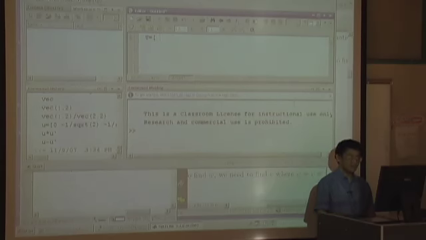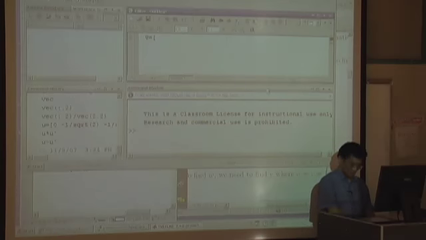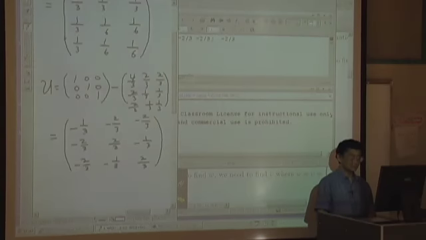First row is negative 1/3, negative 2/3, negative 2/3, right? Negative 1/3, negative 2/3, negative 2/3, and then negative 2/3, and then negative 2/3 and negative 2.